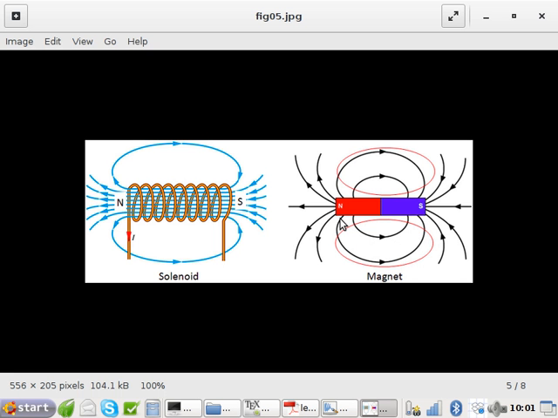Yeah, we'll get to induction and things like that later. You know, this is what happens when you see at the junkyard, it lifts the cars up, like this? That's what's happening here. So what they do is they turn the current on, lift the car up, then they turn the current off, and then it drops. Okay? So that's a solenoid.